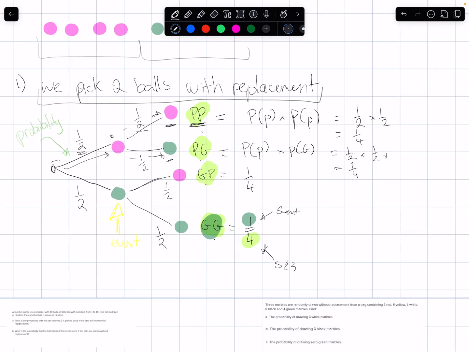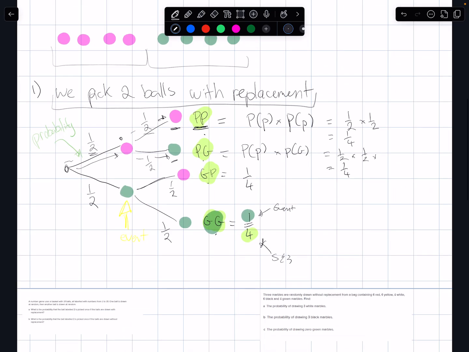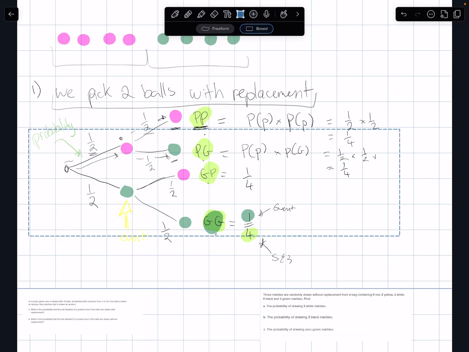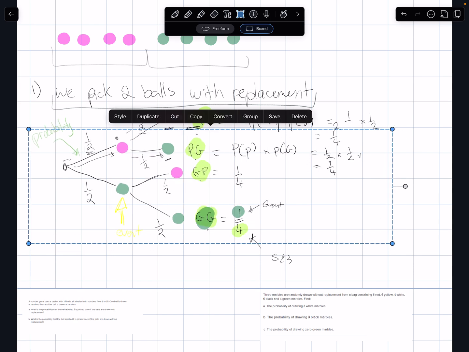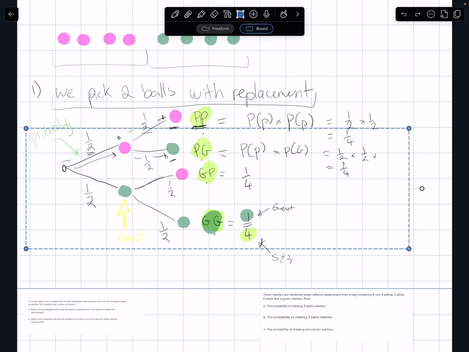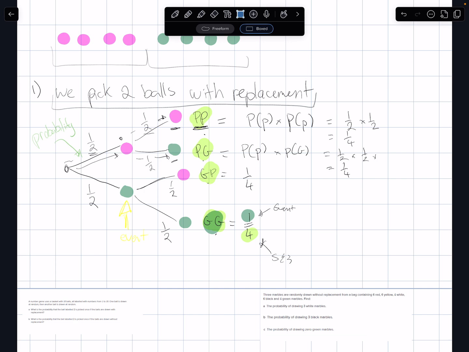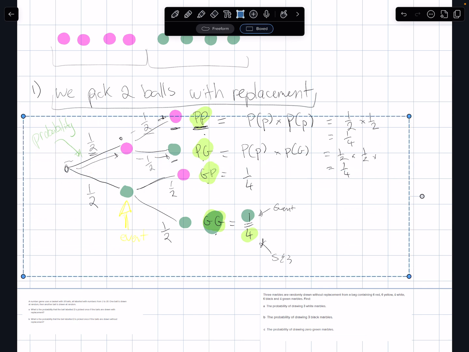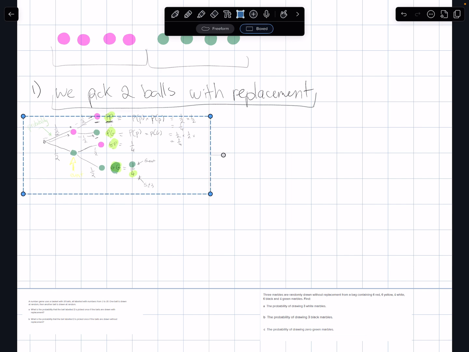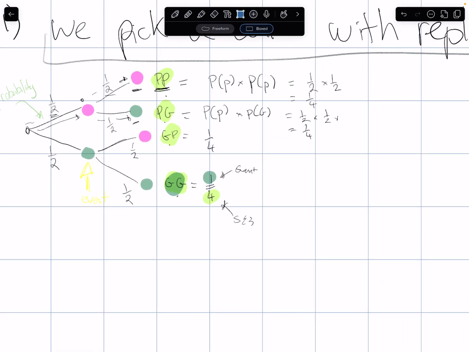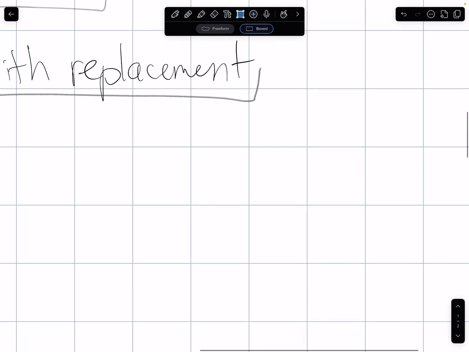Okay, and this here is where I might even just make this a little bit smaller before we get into it. Okay. All right, so we'll move over here.